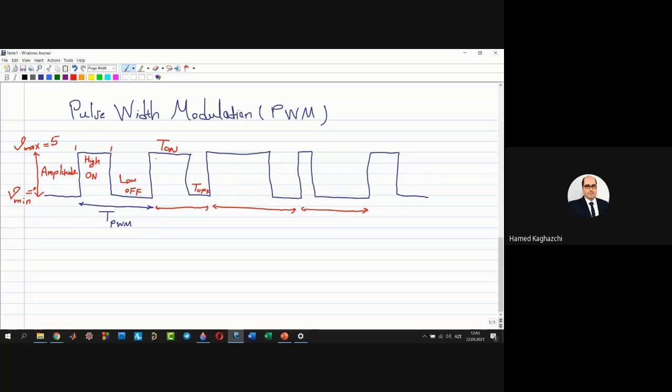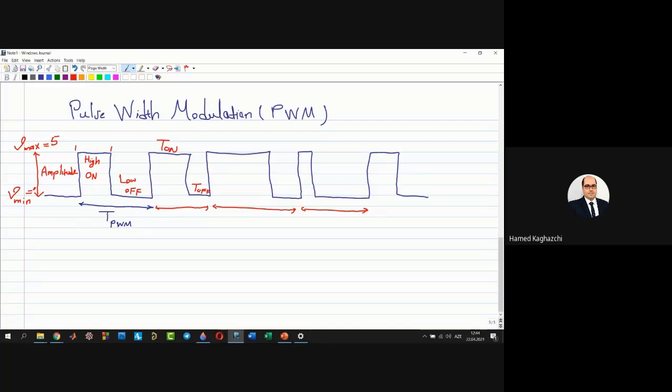The duration that the signal is high is called T-on, and the duration that the signal is low is called T-off. This period is a cycle.